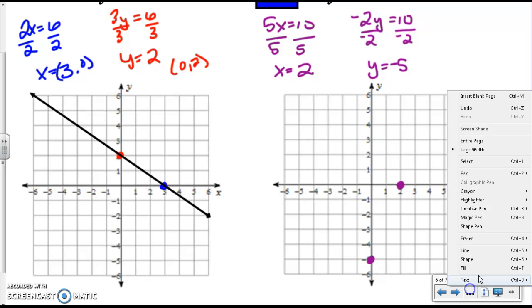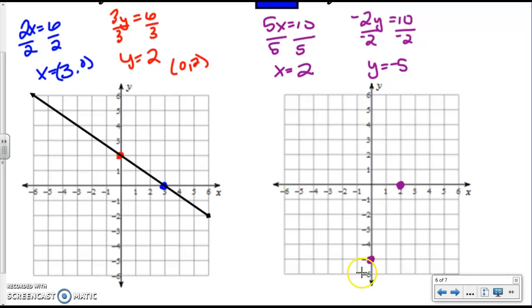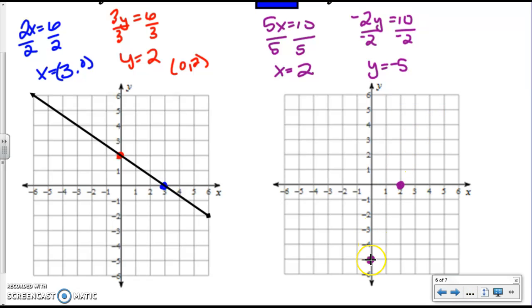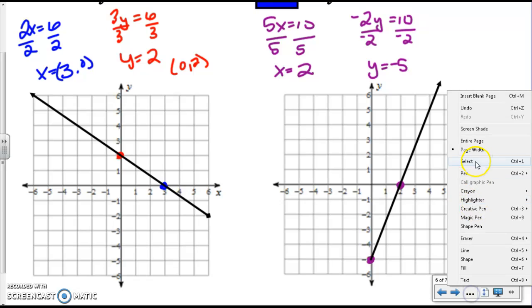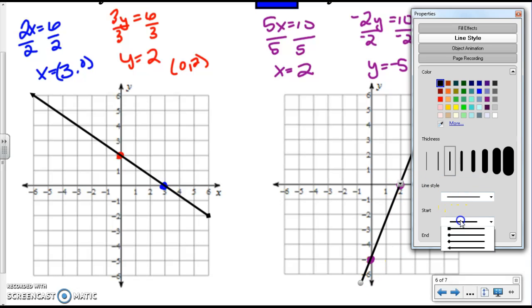And I'm going to go ahead and draw my line. And go ahead and put your arrow at the end. And we are done.